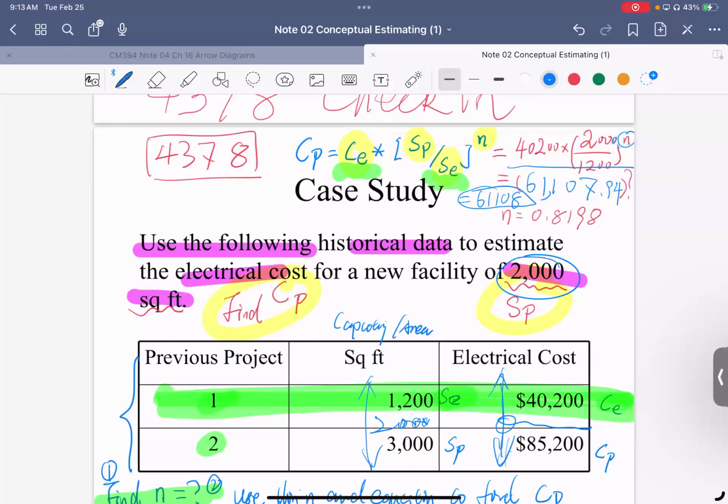Put in the 40,200 times the 2,000 divided by 1,200, and then we use the power and put in 0.8198. You put in a wrong number. It's 0.8198.